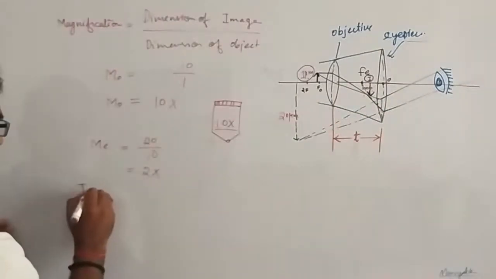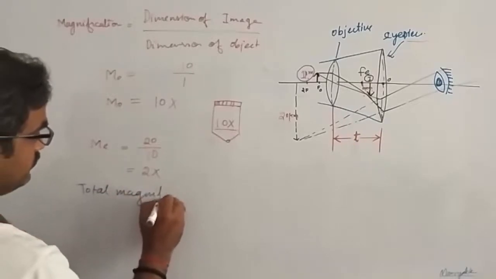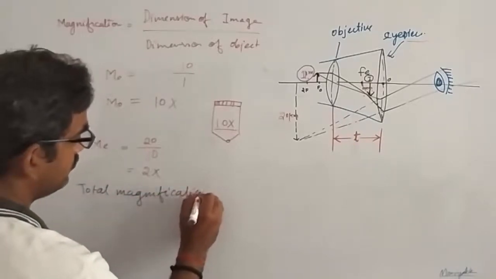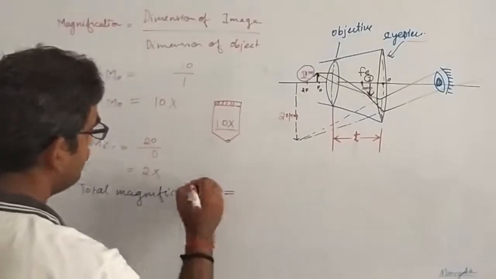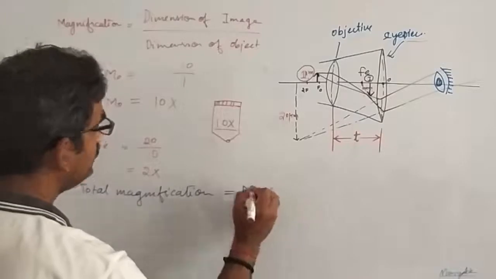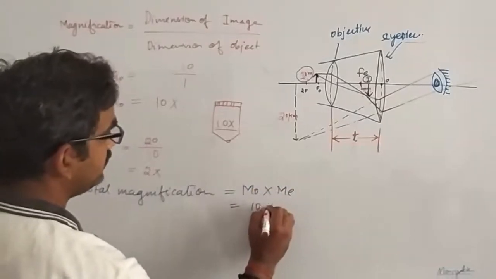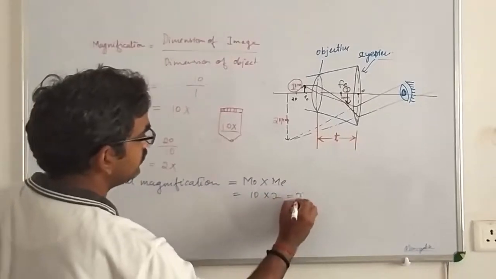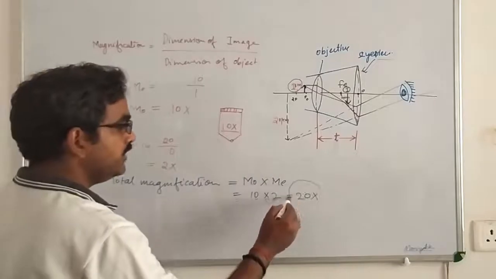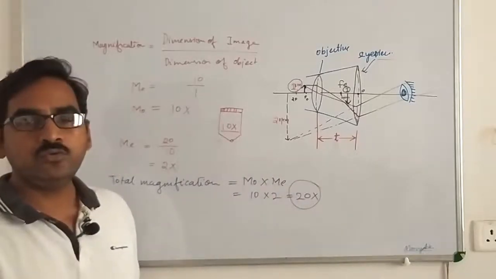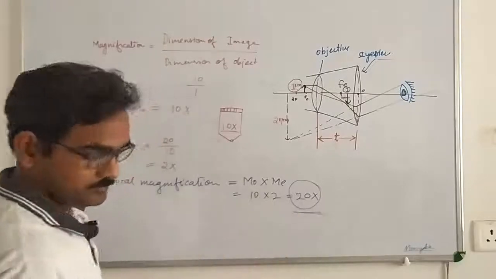So total magnification will be MO into ME, that is 10x into 2, that is 20x. So the total magnification by the microscope is 20x.